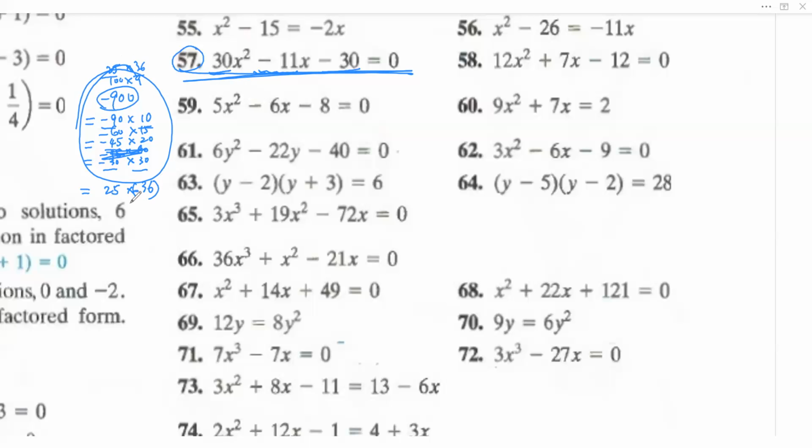So what we need to do right now is break this one down into negative 36x plus 25x. Thank you for the one who gave this out so quickly. So we can factor by grouping here, right? So group factor, what do we take out? 3x. What's the rest? 10x.